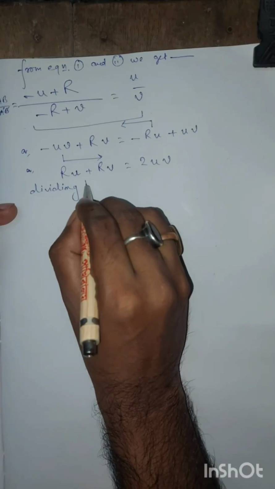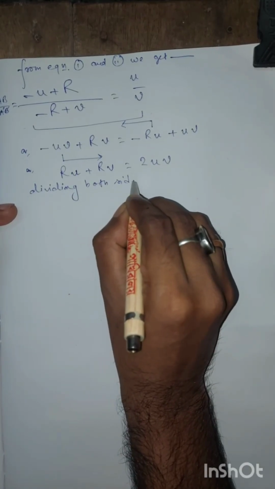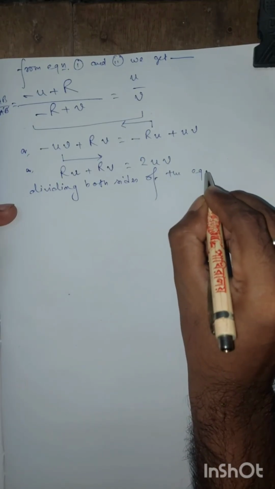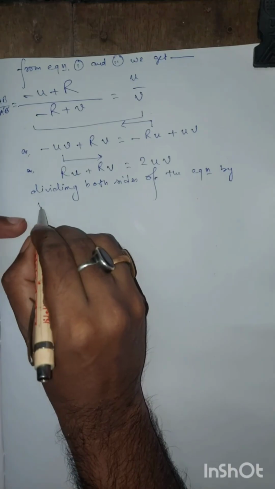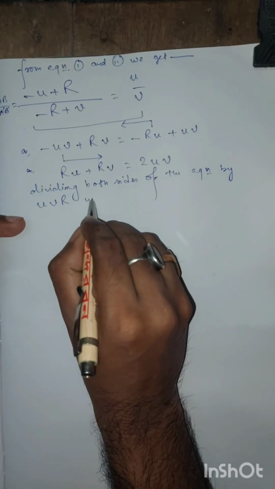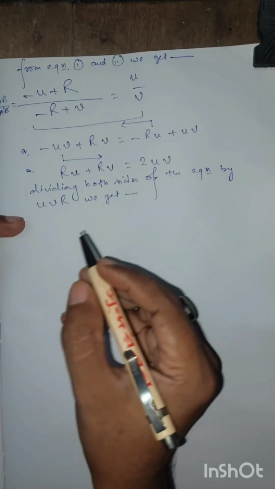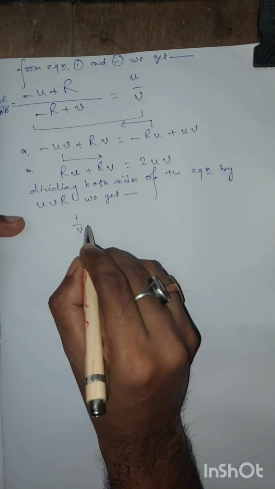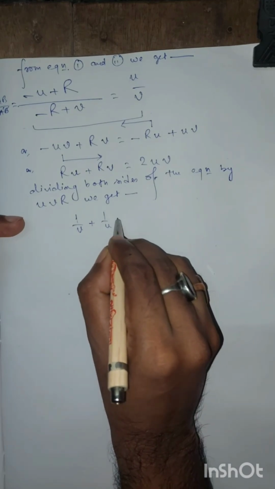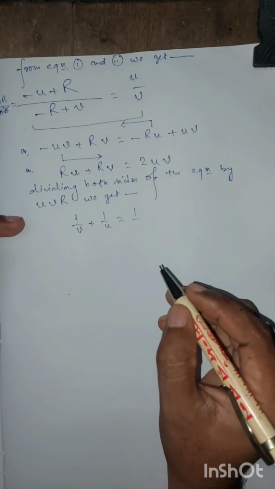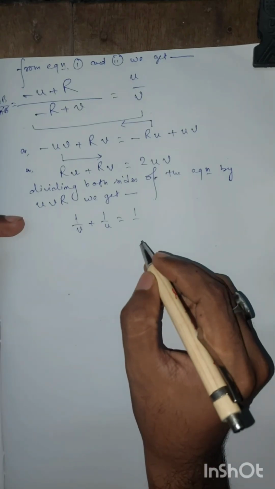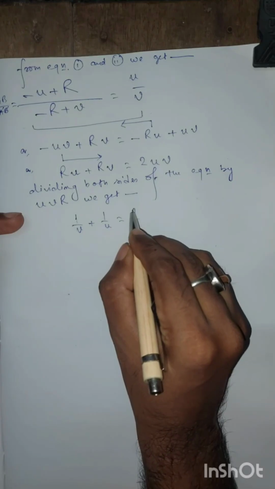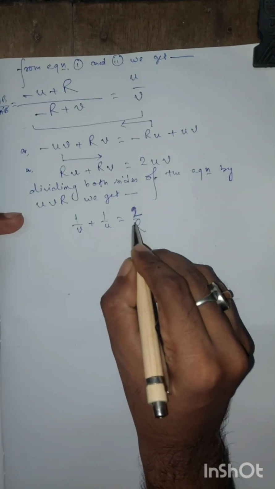Now dividing both sides of the equation by uvR, we get 1 by v plus 1 by u equal to 2 by R.